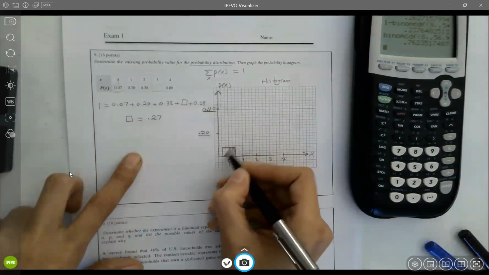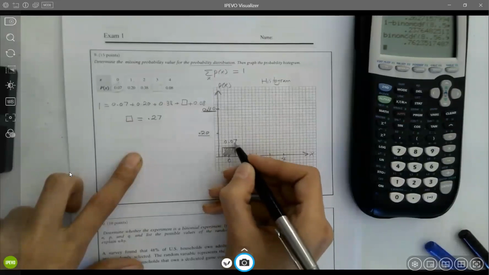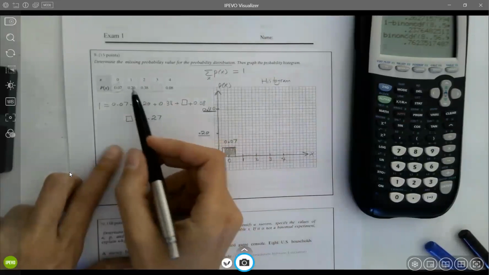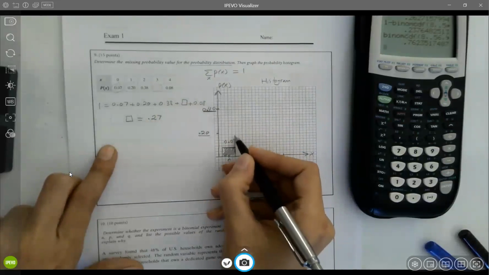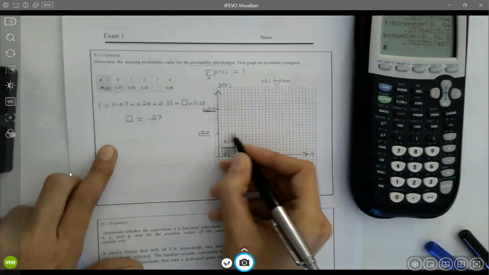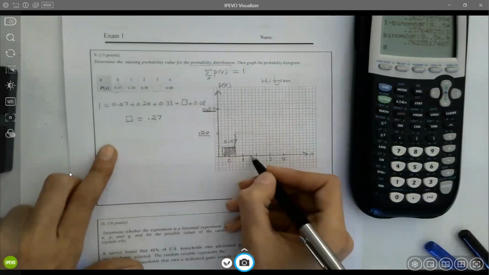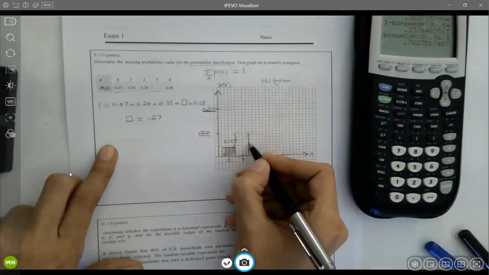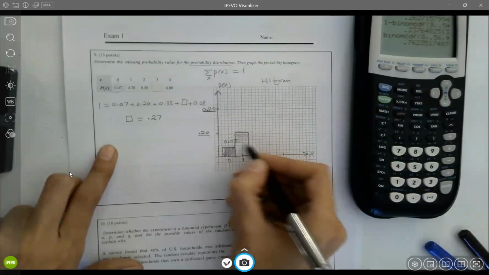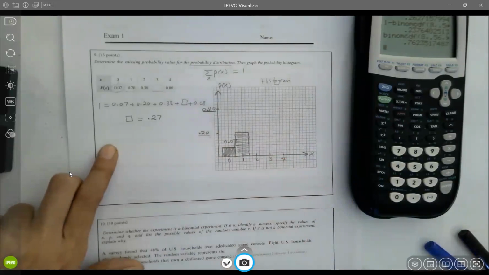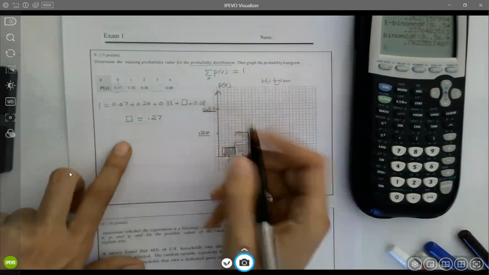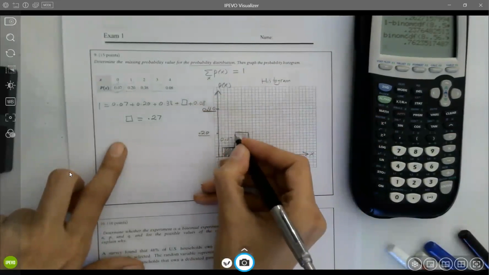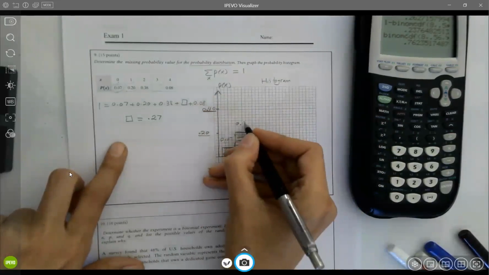This is your first bar, 0.07. The second bar, 20%. When x is 1, you get 20%, so it's going to stop at 20%. Let me just move this a little bit here. So 7%, and here we have 0.20.